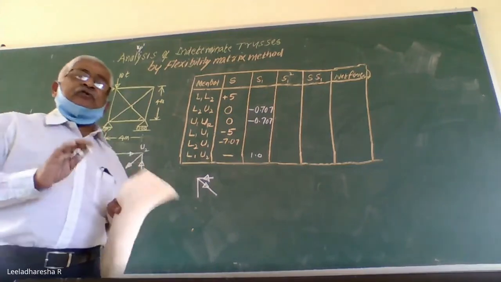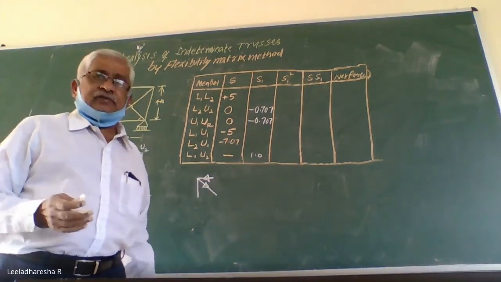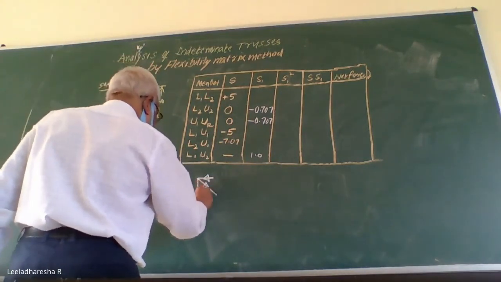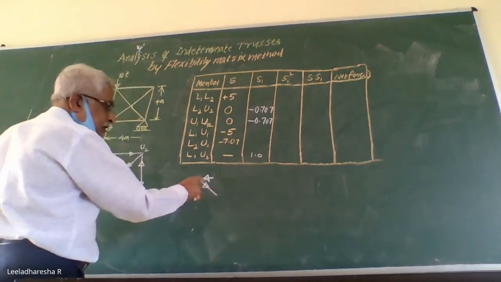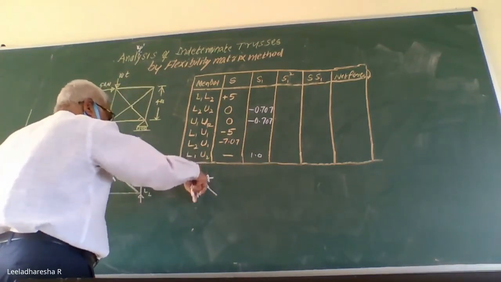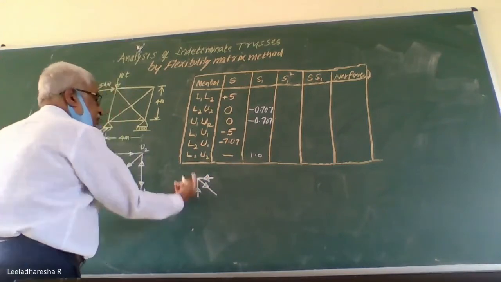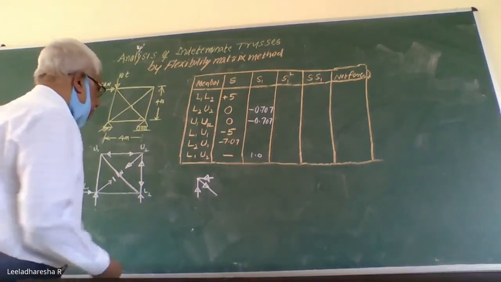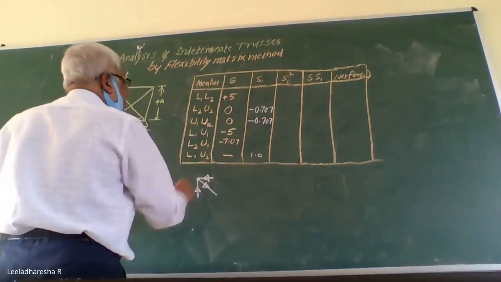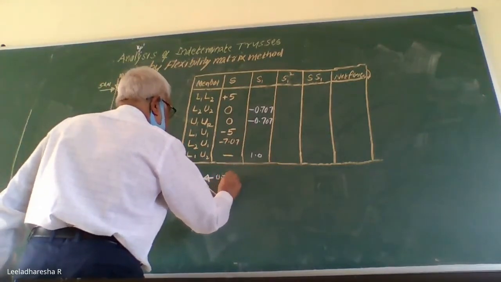See, this is how you need to assume the direction. Otherwise, what happens is, always you need to keep on changing the sign convention. So now, I will assume this to be upward. If this is rightward and one of its vertical components is downward, therefore to resist that, force in this member must be in upward direction. So namely this one, force in this member, we got it as 0.707.